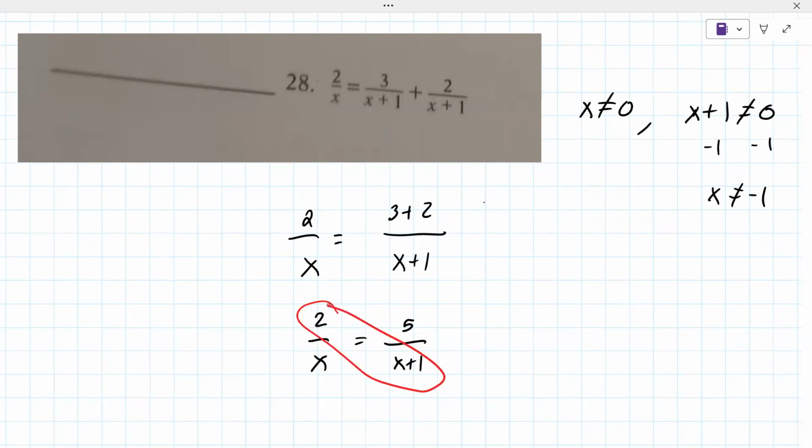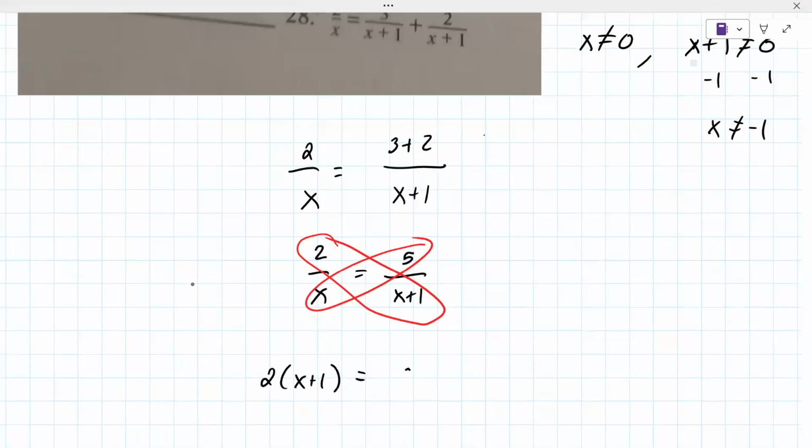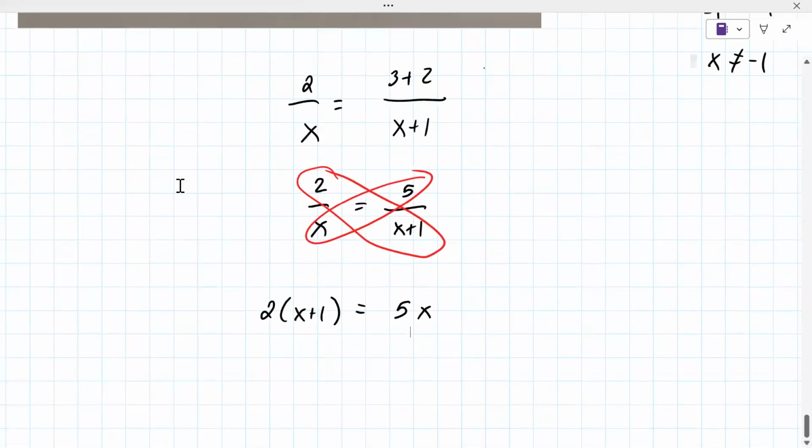2 times x plus 1 equals 5 times x. So I want you to distribute that 2 into both, please. 2x plus 2 equals, okay.